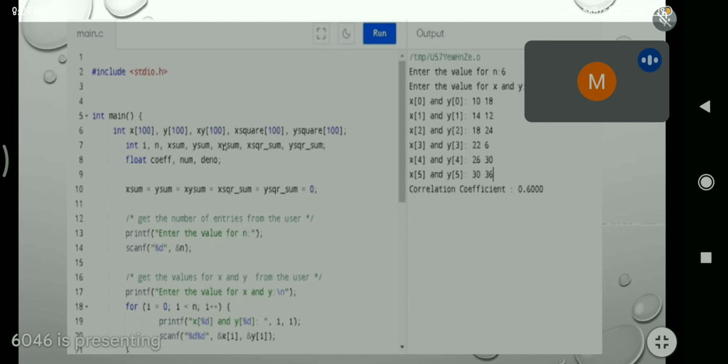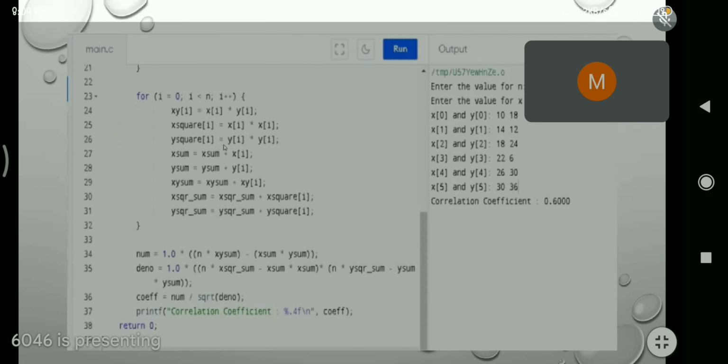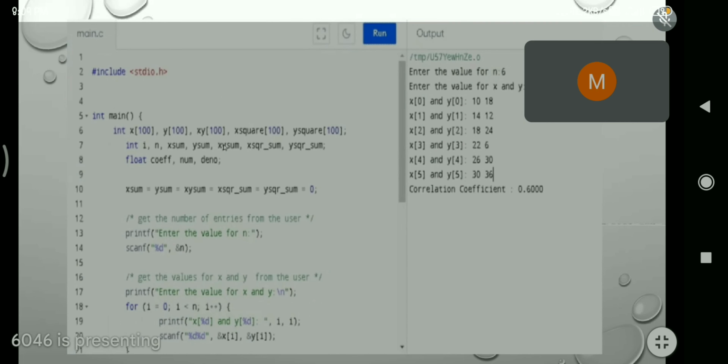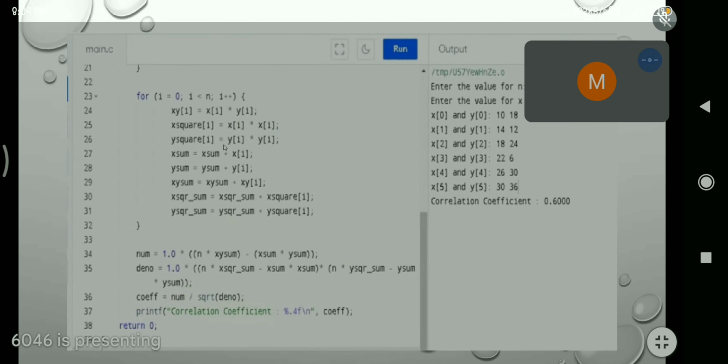Next slide. Here we are first finding the xy, x square and y square of each entry, and getting the summation of all the values as we did in the mathematical method: x sum, y sum, xy sum, x square sum, y square sum.